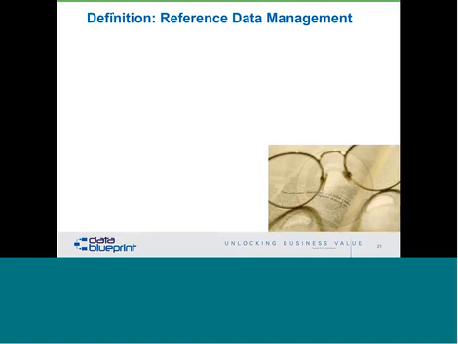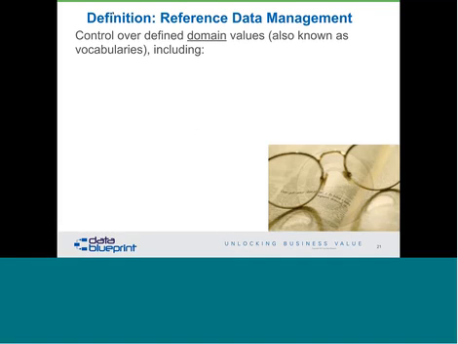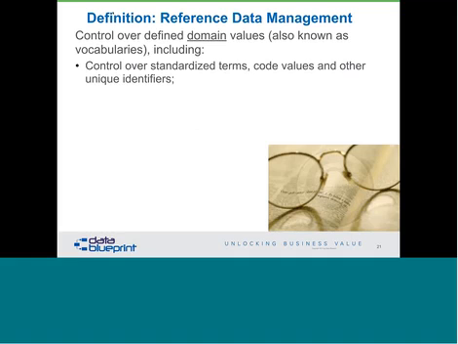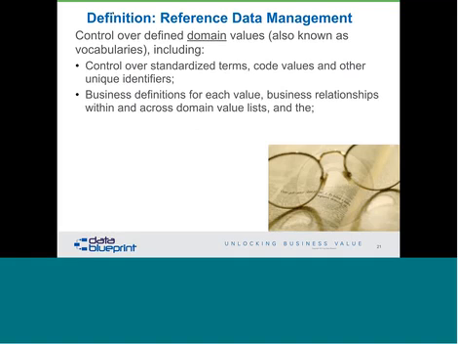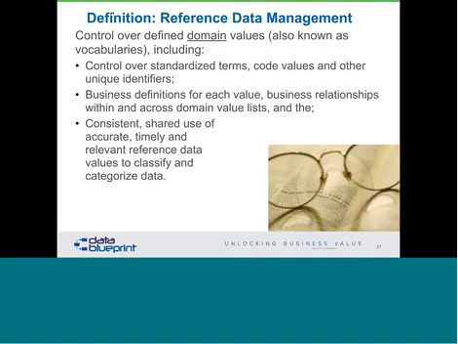And that is, of course, the goal of master data management, to try and get to a single version in that question. When we look at reference data, and again, these are usually considered in conjunction but with much less attention paid to reference data, we're talking now specifically about the domain values or the vocabulary around these items. The standard terms, the code values, the unique identifiers, the business definitions for each value, and we want to ensure also that these are timely, shared, accurate across all of our data in our organizations.